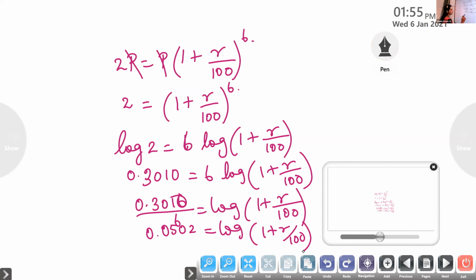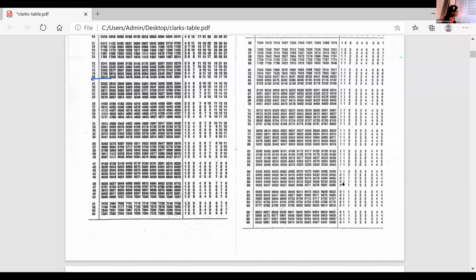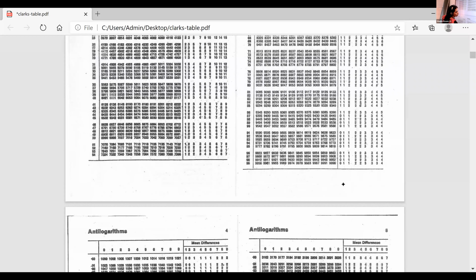So it is antilog of 0.0502 is equal to, here also log and antilog will get cancelled, we will get 1 + R/100. So we want to take the antilog of 0.0502.